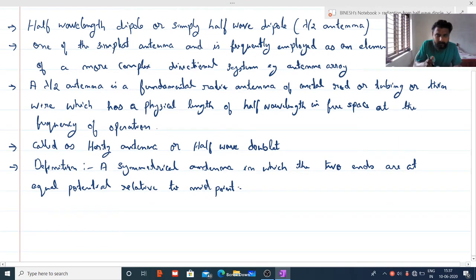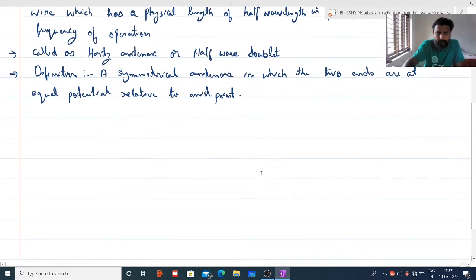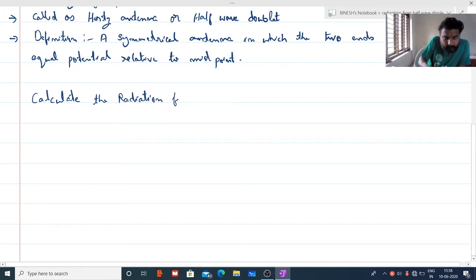For that purpose, I will draw one figure. What we have to calculate is the radiation field of a half-wave dipole antenna.